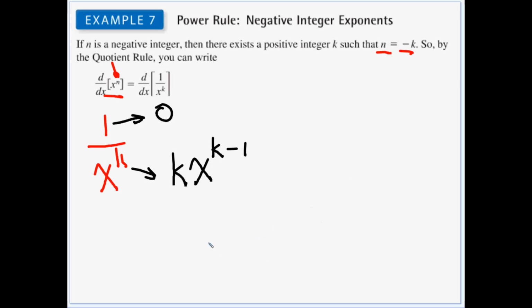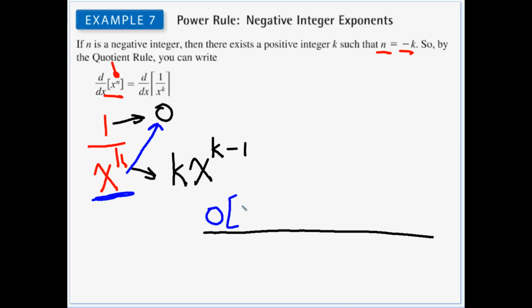All right, let's do the quotient rule. Here's my divider line. We start out low, d high. So here's my low function. It's going to get multiplied by 0, which is my d high. 0 times x to the k. That's supposed to be a k. Oop, that's just terrible. x to the k. There's low d high minus high d low. Our high function is 1.